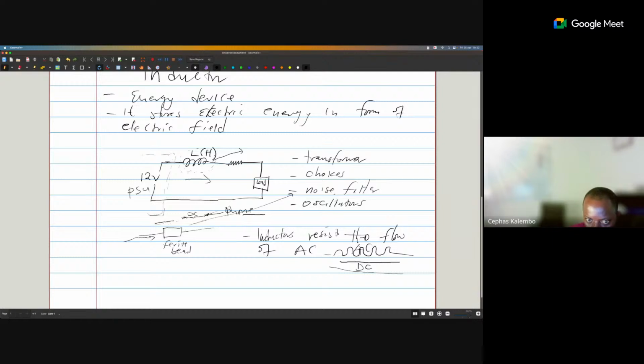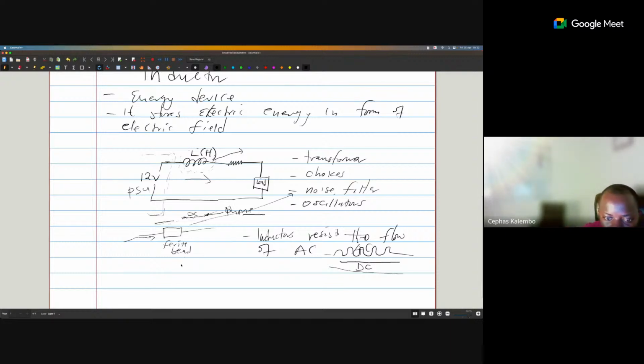That's how a special inductor we call a ferrite bead cleans or filters the signal.